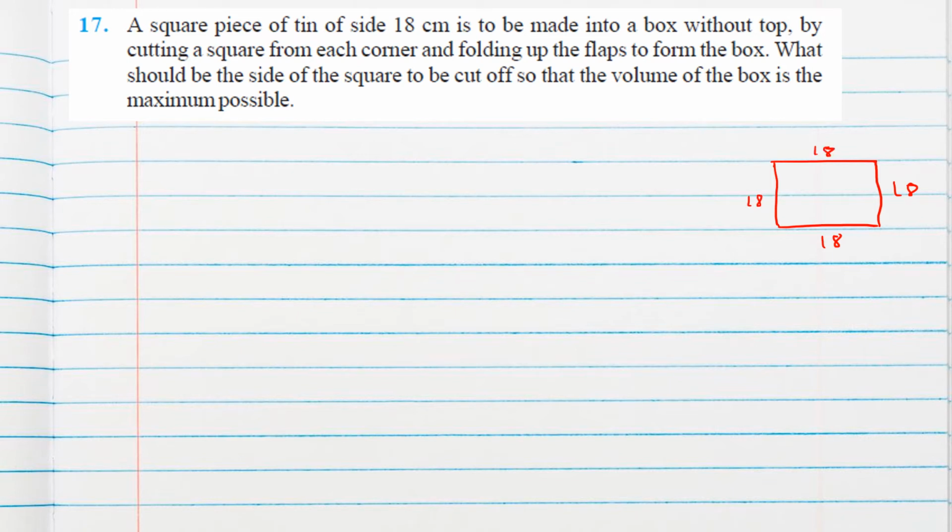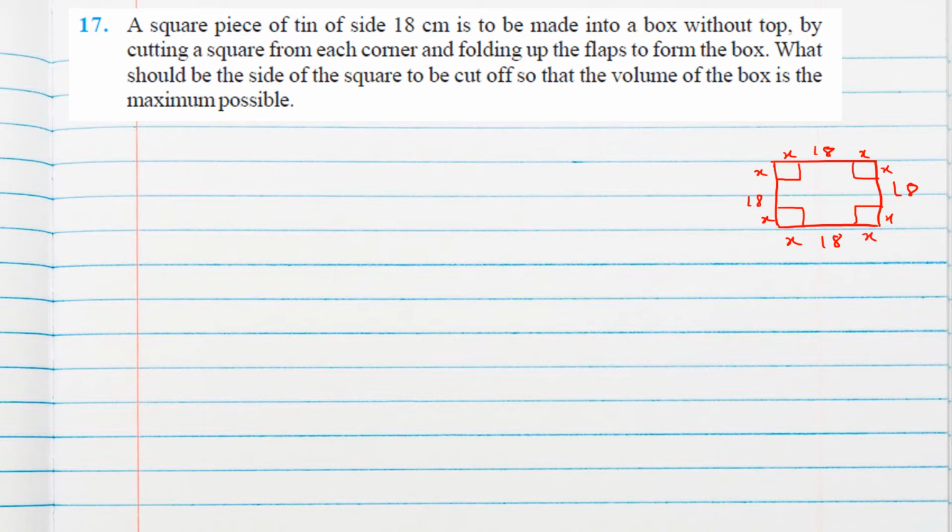So from four corners, since a square has four corners, we will cut four squares. A square means equal sides. That side is not given, so we will suppose this side as x. So a square of side x we are cutting from each corner.